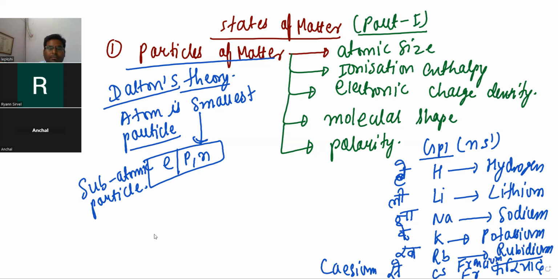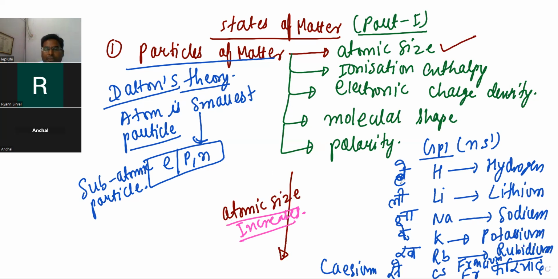Right? So see here, as we move down the group, the atomic size increases. Why is it so? I will explain it. As we know, the atomic number of hydrogen is 1, right?